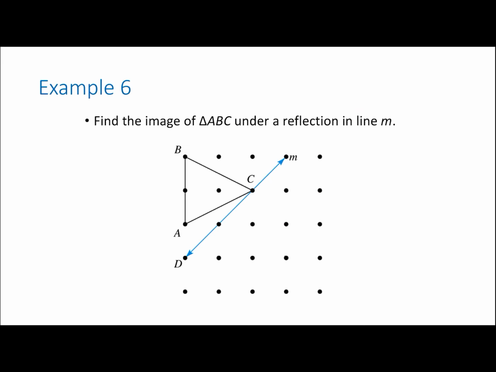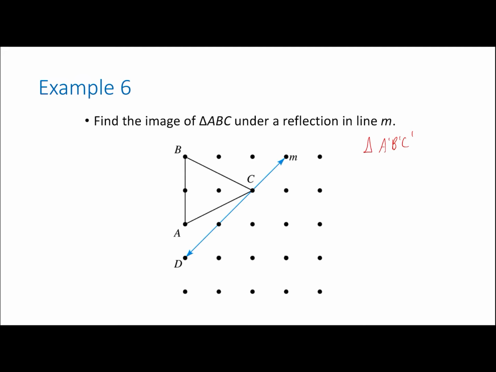So let's look at this example. We want to find the image of triangle ABC under reflection in line M. All right, so let's think about this. We want our new triangle, we're going to call it A prime, B prime, C prime.